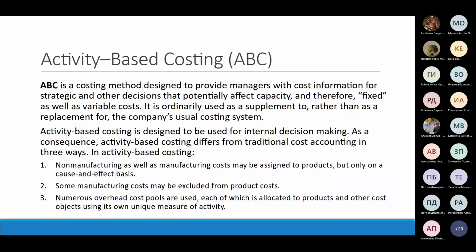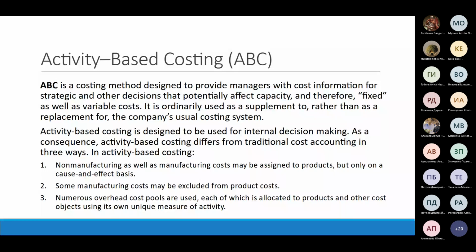So sometimes activity-based costing is used not instead of other costing systems, but in addition to the current costing system. Under activity-based costing, or ABC in short, a non-manufacturing cost as well as manufacturing cost may be assigned to product, but only on a cause and effect basis.